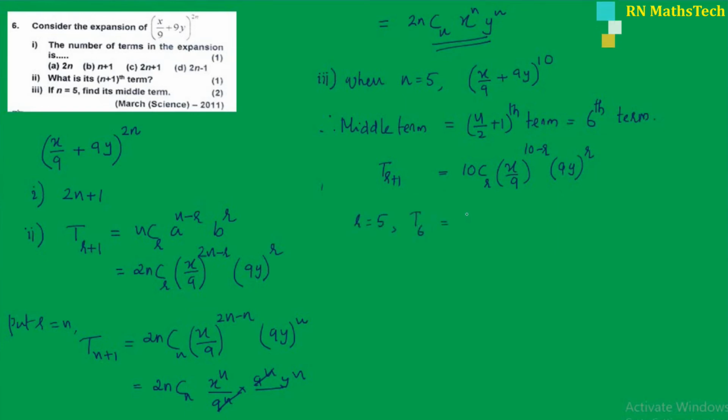T6 equals 10C5 (x by 9) raised to 10 minus 5, (9y) raised to 5, that is 10C5 x raised to 5 by 9 raised to 5 into 9 raised to 5 y raised to 5. 9 raised to 5 gets cancelled, that is 10C5 x raised to 5 into y raised to 5.